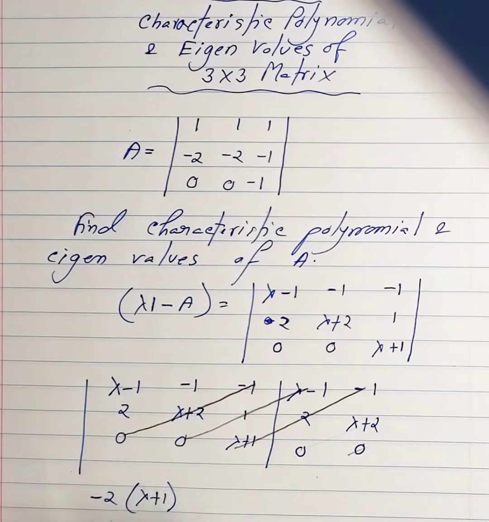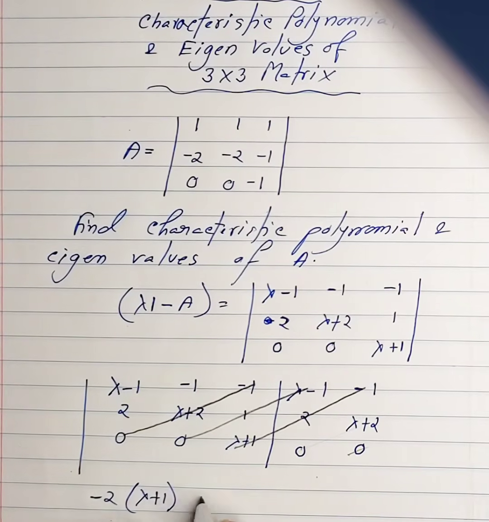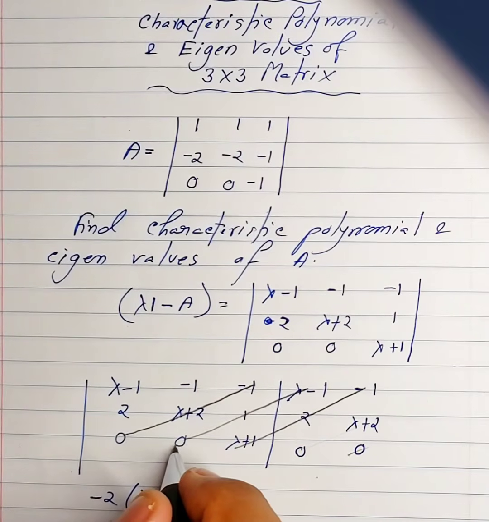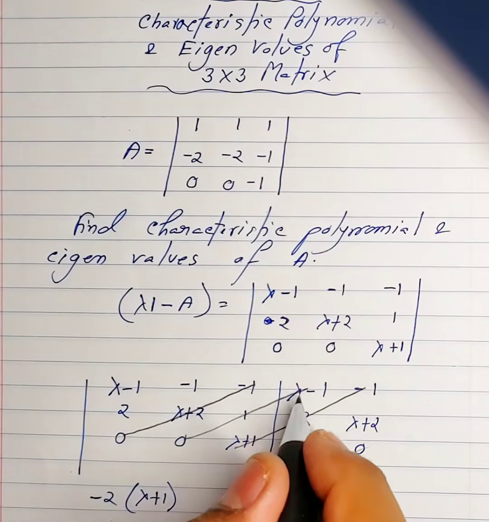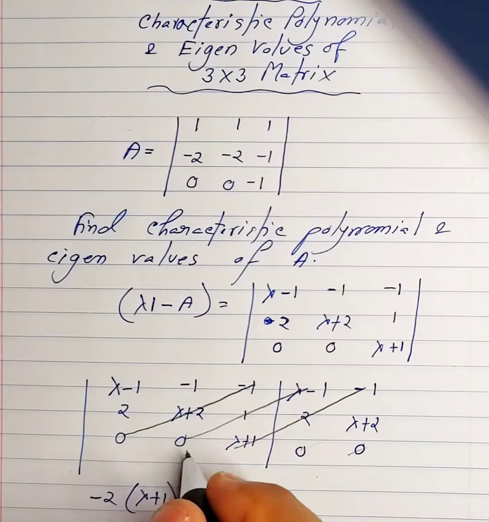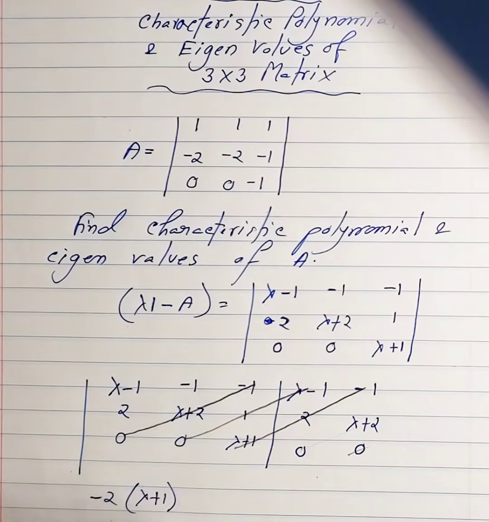So there is nothing else I can take here. But if there is another number, suppose you have plus 1 here, then you have 1 times 1 times this, so you have plus lambda minus 1 again. But if you have 0, that means I'm not taking anything because this multiplication is 0. Now this part is done.